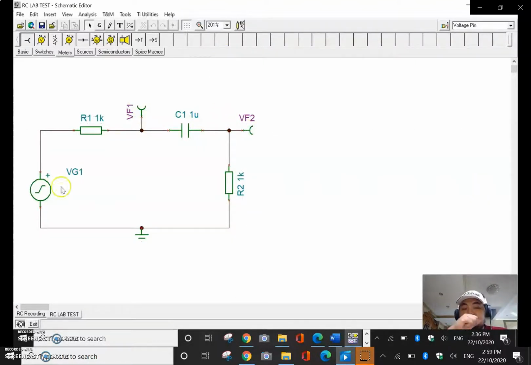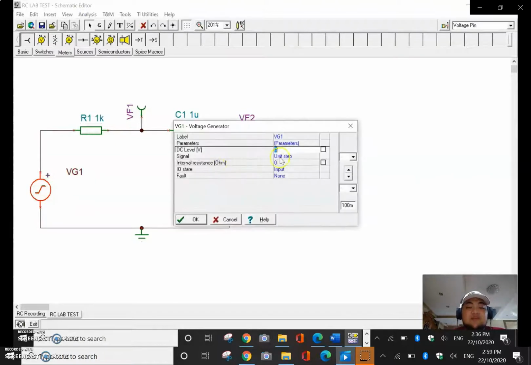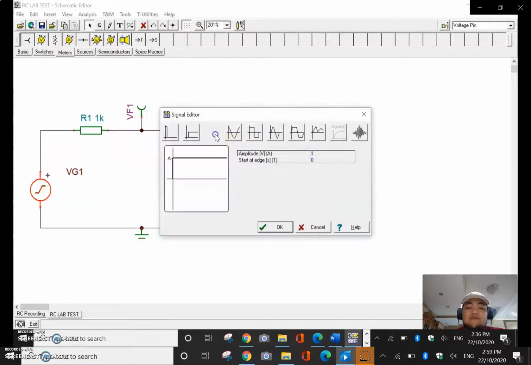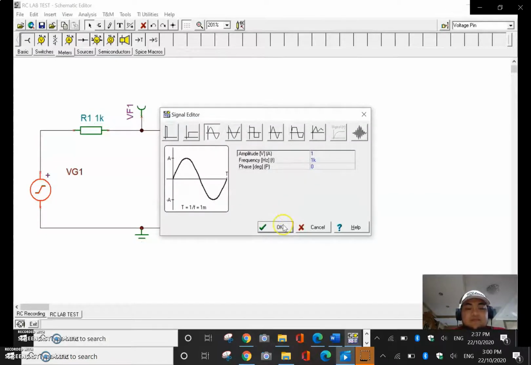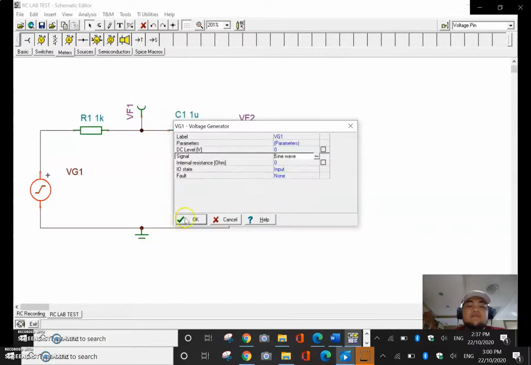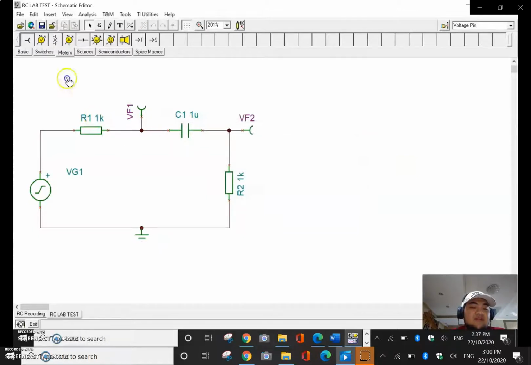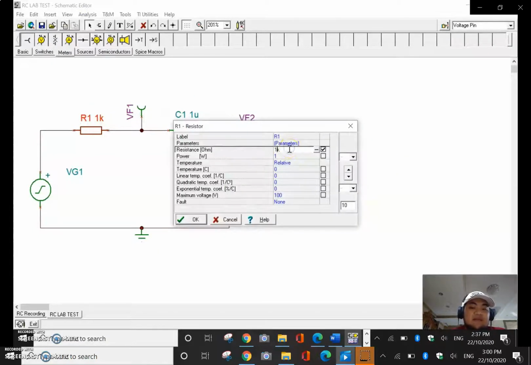And then for the voltage source, we will be using a sinusoidal wave which replicates an AC generator. We will have the amplitude of 1, but with the frequency as earlier mentioned, 1000 Hz, or 1 kHz. For the value of the resistor, as mentioned earlier, our resistor is 30,000 ohm, or 30k ohm.